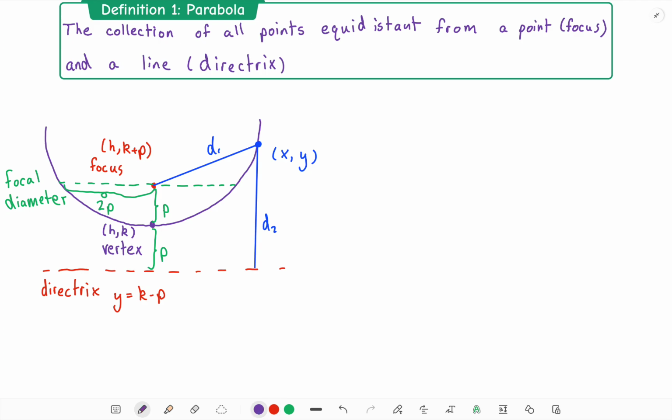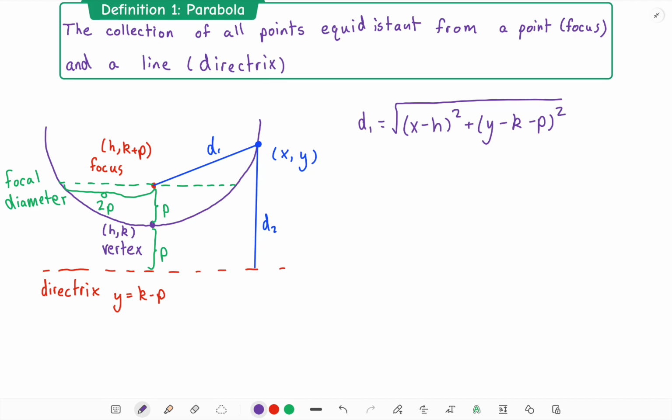Well, then for the D1, because I want the equation of this parabola, it's the distance between (h, k plus p) and (x, y), so we can use the distance formula. So square root of x minus h squared plus y minus k minus p squared. So I distributed that negative sign.